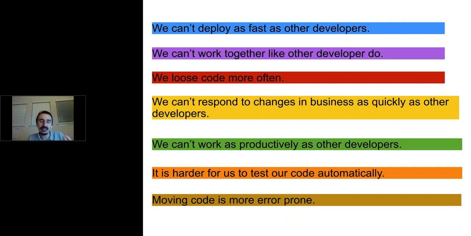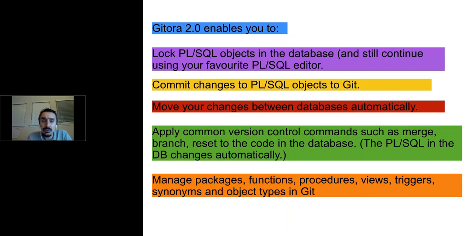Even though it's possible, it's not clearly available to them, and they just have it up to here, and rightfully so. Testing code, writing automatic testing, is very hard. Moving code, usually manually, from one runtime to the other, from one database to the other, is very error prone.